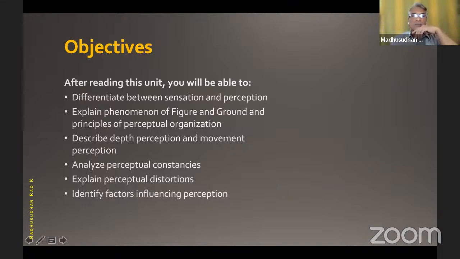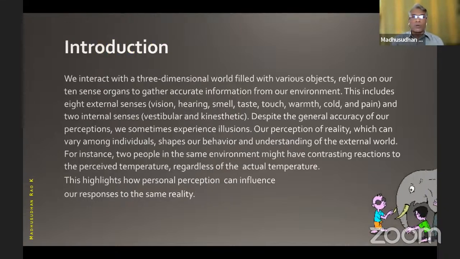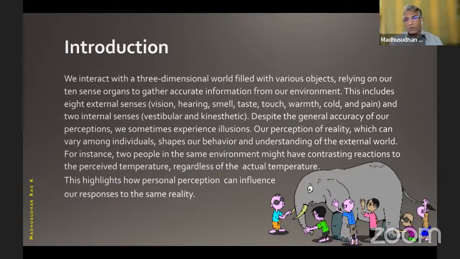After this unit, you'd be able to understand and differentiate between sensation and perception, explain the phenomena of figure and ground and principles of perceptual organization, describe depth perception and movement perception, analyze perceptual constancies, and explain perceptual distortions and identify influencing factors. Now, what is perception? Can you guess?